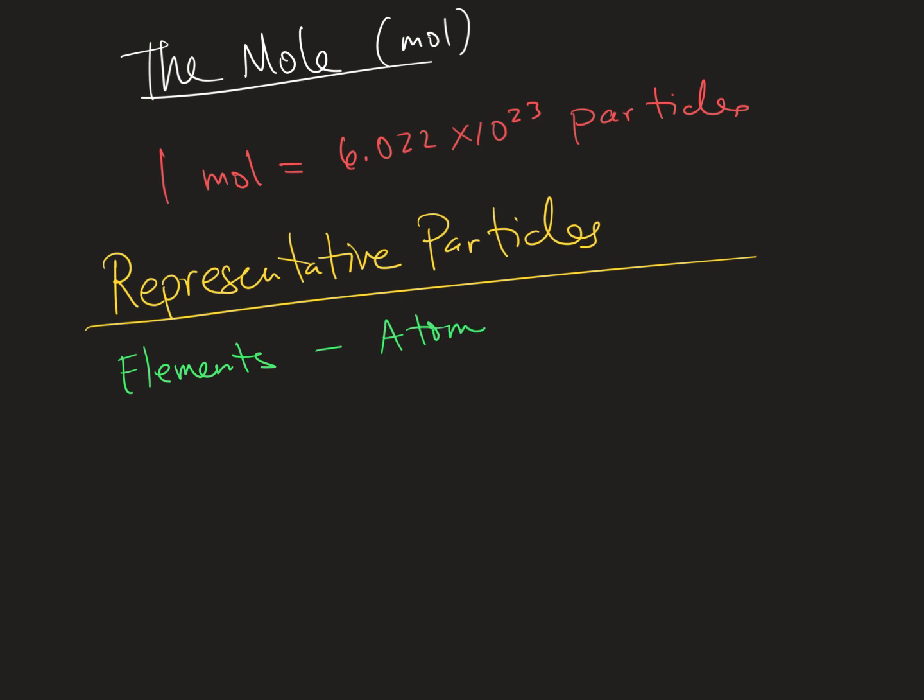And then we have, if we have a covalent compound, we call these molecules. Kind of like we talked about molecular formula, molecular structure. That's for covalent compounds.